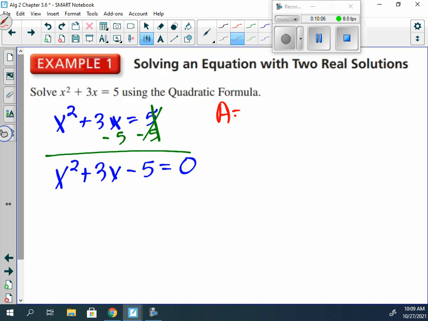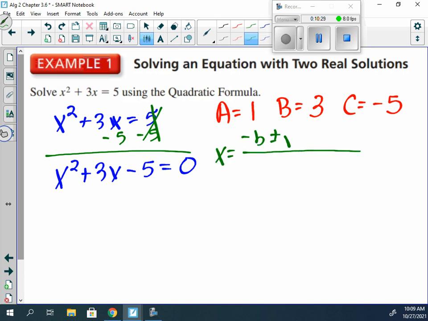What is the value of A? B? C? A is 1, B is 3, and C is negative 5. Now the quadratic formula was x is equal to negative b plus or minus the square root of b squared minus 4ac, all over 2a. Plug it in. So negative, what's the value of b?